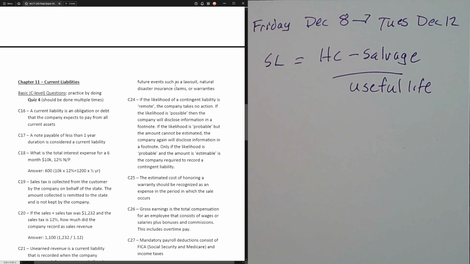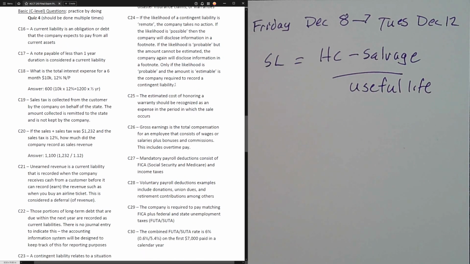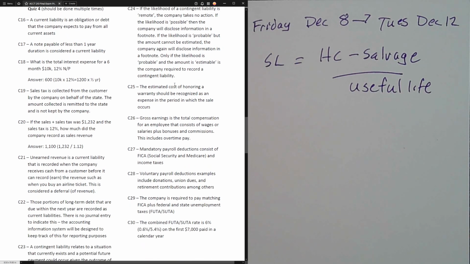Here are the C levels for current liabilities. There are a couple of computational things you need to know as a C level. Here, what is the total interest expense for a short-term note? We've covered this recently. Just remember, I'm looking at C18, that the 12% is the annual percentage rate.